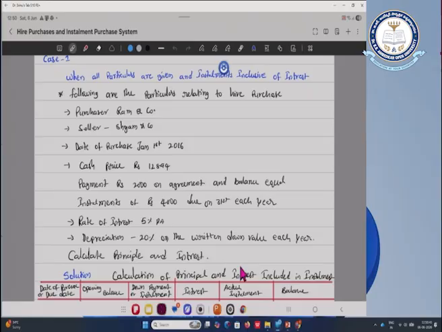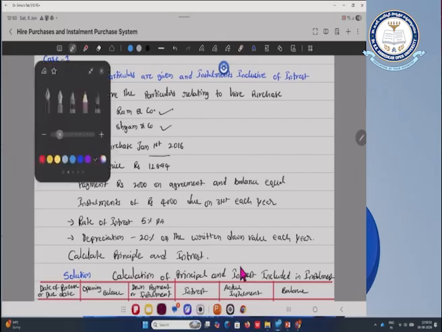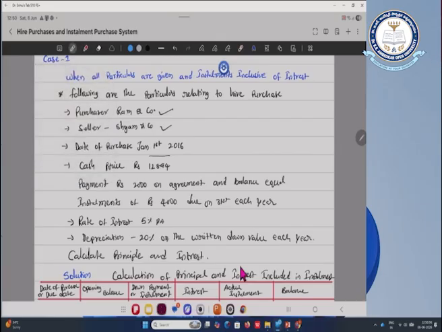From this problem, if you observe it, from the following information, the following are the particulars relating to the hire purchase system. The purchaser is BRAOU and company, and the seller is SHAMO and company. The date of purchase is January 1st, 2016. This is the information given by the problem, and the cash price is 12,894.